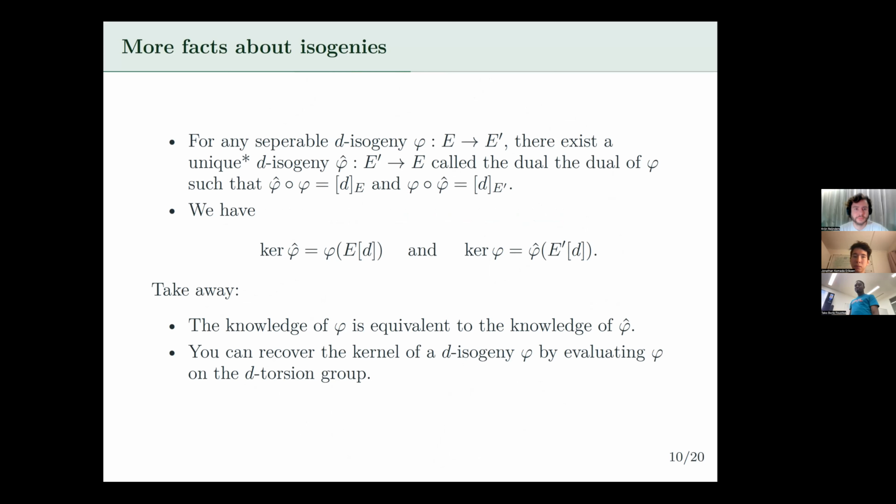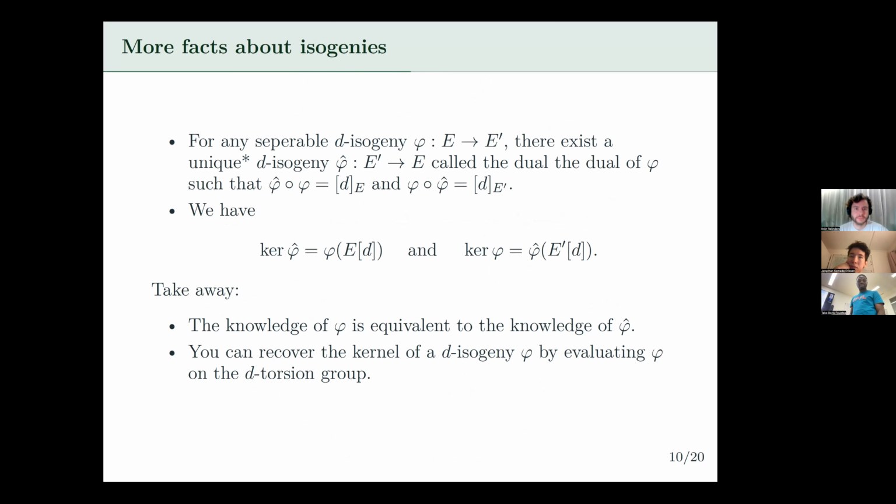So, more facts about isogenies. If you are given a separable degree D isogeny from E to E prime, then there exists the dual isogeny from E prime to E that has the same degree, and such that the composition is just the scalar multiplication by the integer D on the respective curve, depending on how you compute the composition.